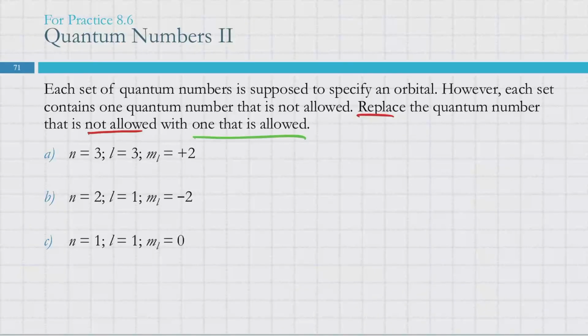Okay, what is wrong with our first set of numbers? We've got N equals 3, L equals 3, M sub L equals plus 2. One of these is not allowed. Which of these 3 numbers is not allowed? L equals 3 is not allowed.